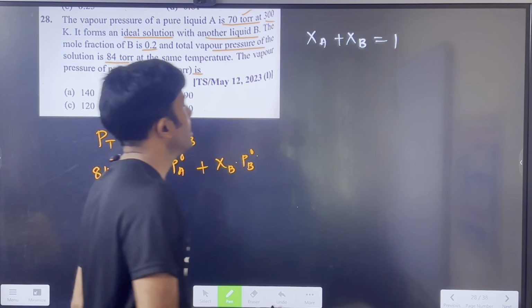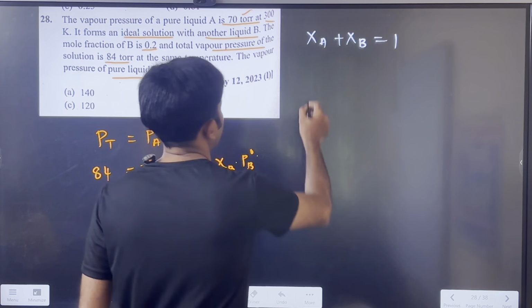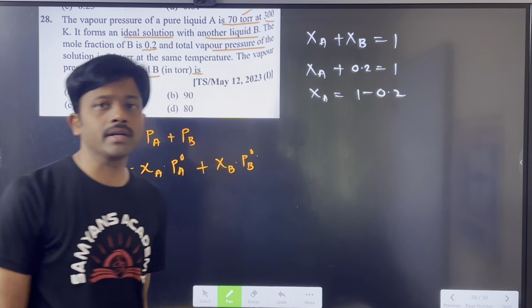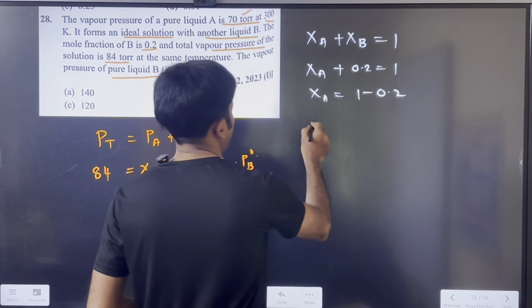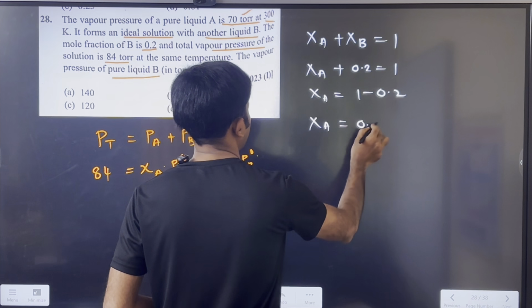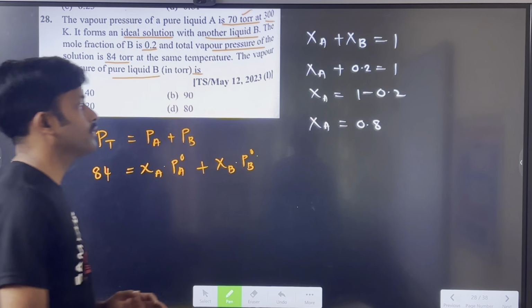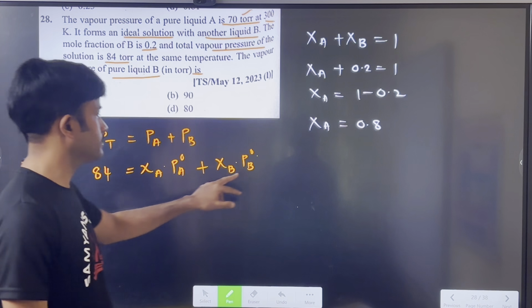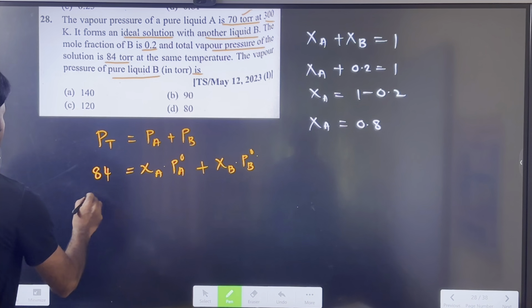So from this we can calculate the mole fraction of A. Mole fraction of A plus 0.2 equals 1. So 1 minus 0.2 is 0.8. Mole fraction of A is 0.8. Just substitute the values here and you get the answer. So this is 84.